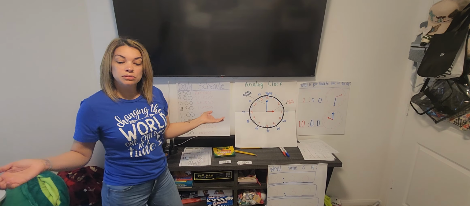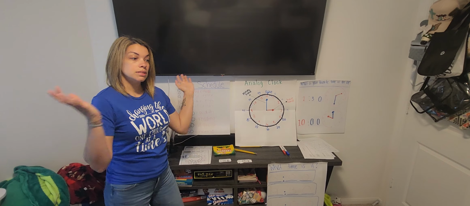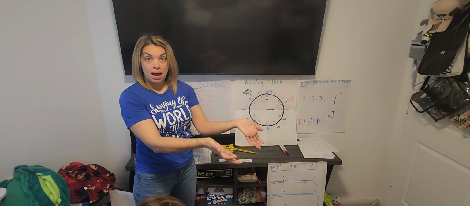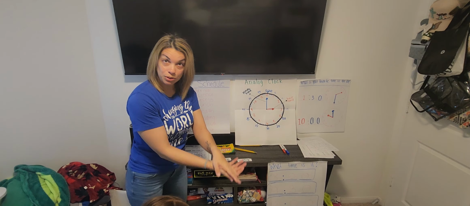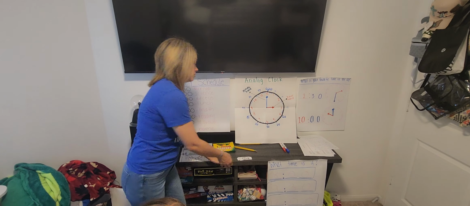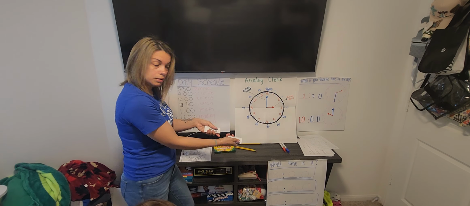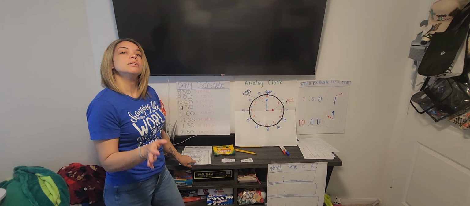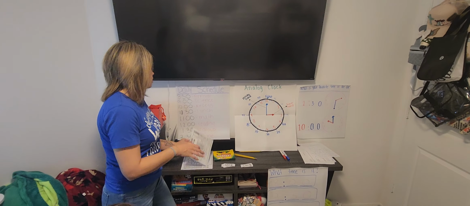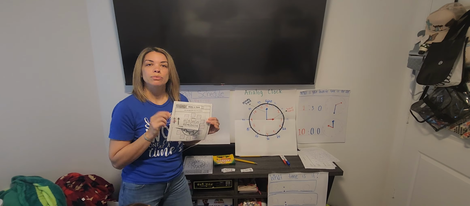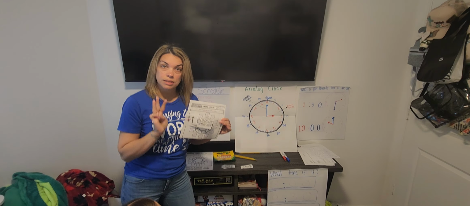No. Okay, so we're going to go into our centers, okay? So we have a center for math, for ST Math on the computer. And then we have a center that you're going to be doing your matching with a partner, okay? And then at our other table, you're going to be doing your make a clock, okay? So I have 3 stations, 3 kids at each table.